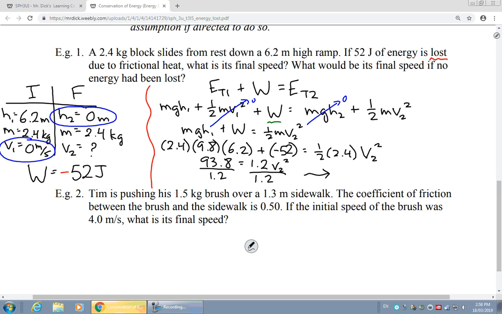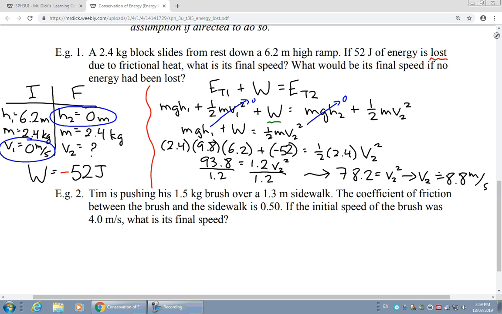So when I divide both sides by 1.2, that tells me that 78.2 is equal to V2 squared. So that's telling me that V2 on its own, when I square root 78.2, is approximately equal to 8.8 meters per second. And of course, then you'd finish it off with a therefore statement that says, therefore, at the bottom of the ramp, that block would be going at 8.8 meters per second.